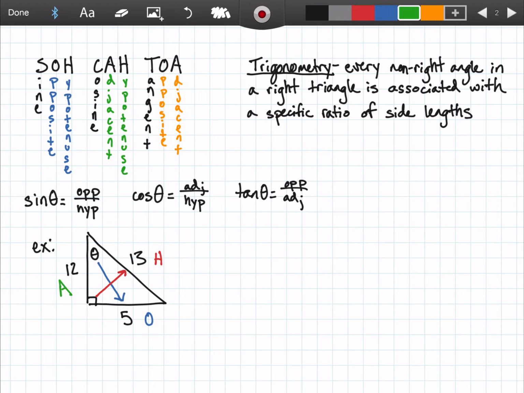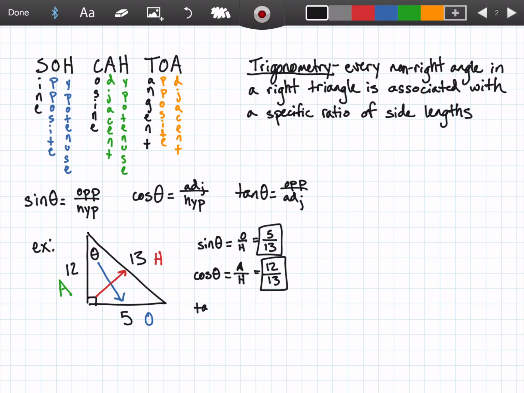So the one that creates the reference angle with the hypotenuse is adjacent. So if I want sine theta, well, opposite over hypotenuse is 5 over 13. And that's it. If I want cosine theta, I need adjacent over hypotenuse. So that's 12 over 13. And tangent of theta is opposite over adjacent, which is 5 over 12.